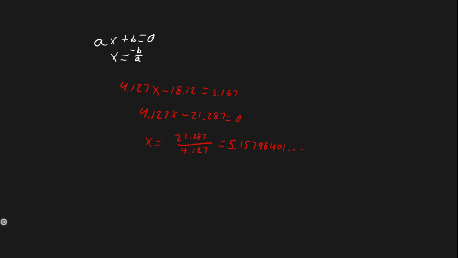And if we plug 5.157 into our calculator and into our equation, we're going to get 21.287 minus 21.287 is equal to 0. So that's it for this video, and thank you for watching.